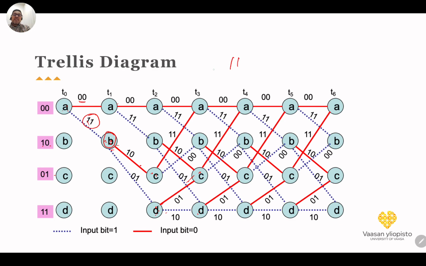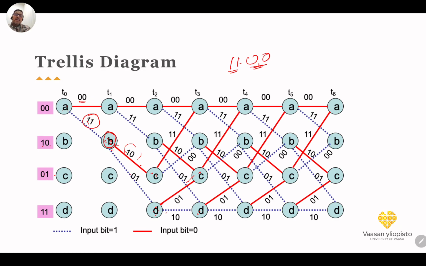What happens if, after 1, 1 in the beginning, the second bits were 0, 0? It means that from state B it is not possible to go, because it is not possible to have 0, 0. We have either 1, 0 or 0, 1. 0, 0 is not allowed in this trace diagram.